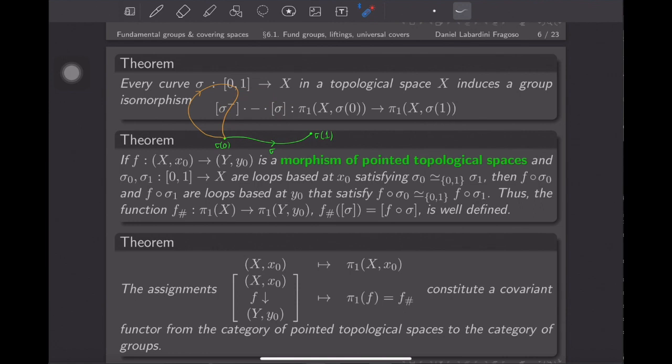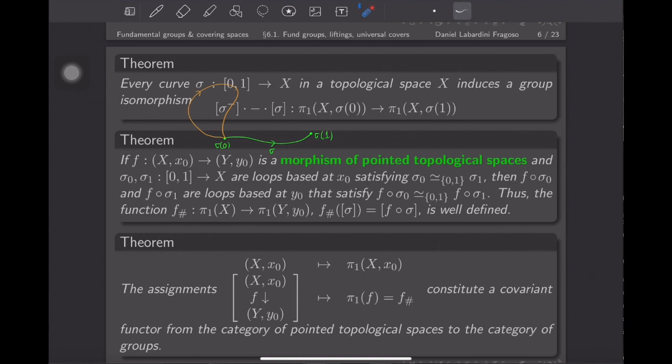and the only unfortunate thing about this is the dependence on the curve. So if you have a path connected space and you take two points in that path connected space, the fundamental groups of the space based at those points are isomorphic, but the isomorphism is not canonical.